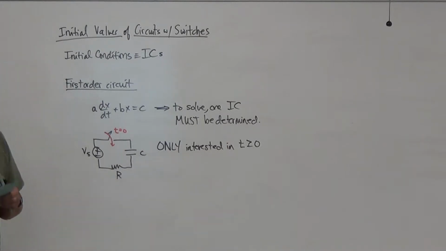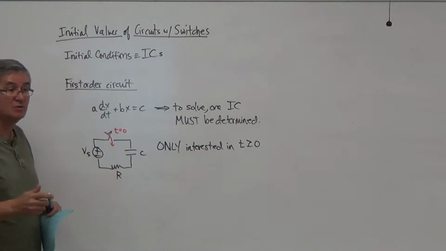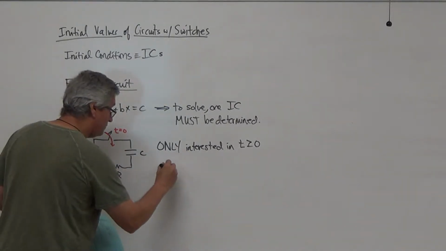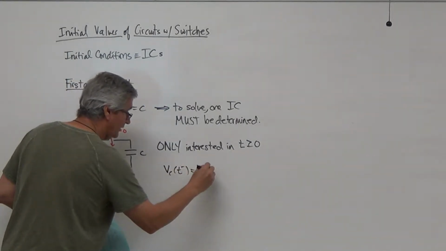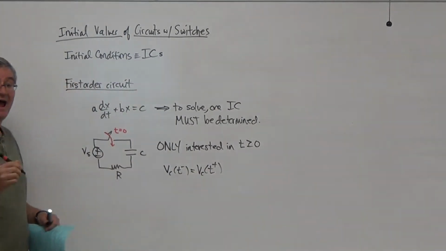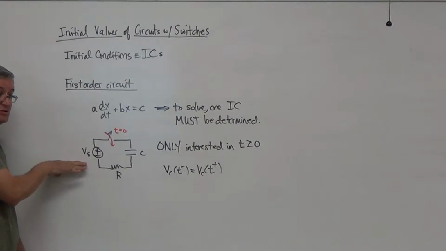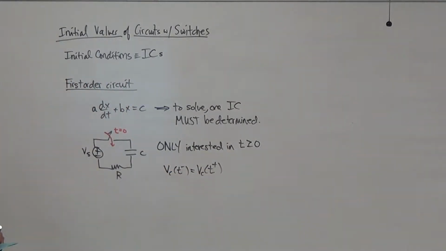But nature has been kind to us. Why has nature been kind to us? Because we know that capacitors cannot change the voltage instantaneously. As a consequence, the voltage right before the switch is thrown is also equal to the voltage after the switch is thrown. So by finding the voltage before the switch is thrown, I actually know what happens at 0 plus, at t greater than or equal to 0.